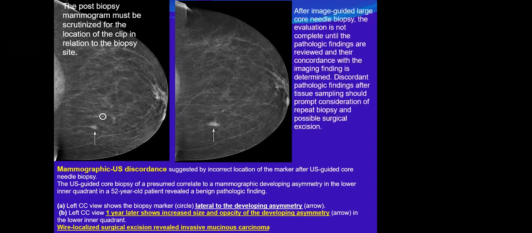After image-guided large core needle biopsy, the evaluation is not complete until pathologic findings are reviewed and should be concordant with the imaging findings. Discordant pathological findings after tissue sampling should prompt consideration to repeat biopsy and possible surgical excision. You got it?